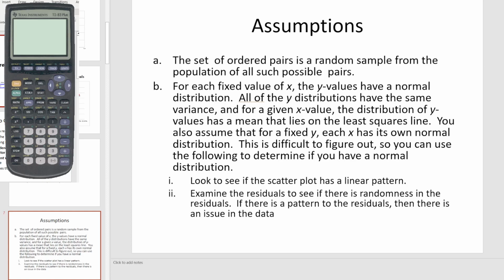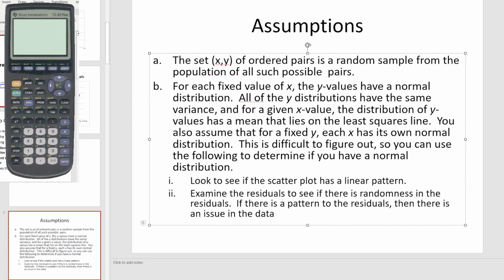The assumptions of our regression line are that the set of ordered pairs x, y is a random sample from the population of all such ordered pairs. And for each fixed value of x, the y values have a normal distribution.